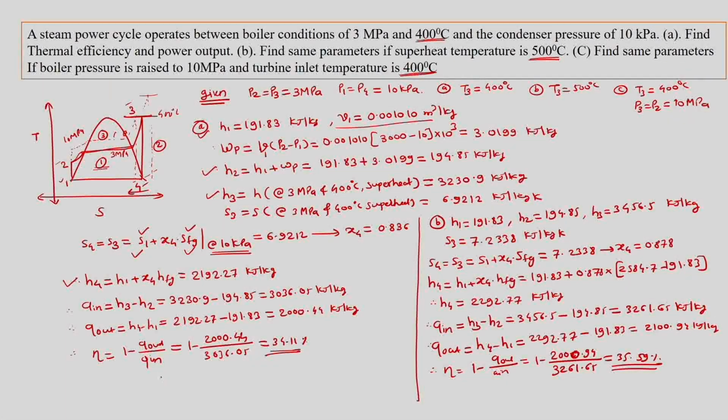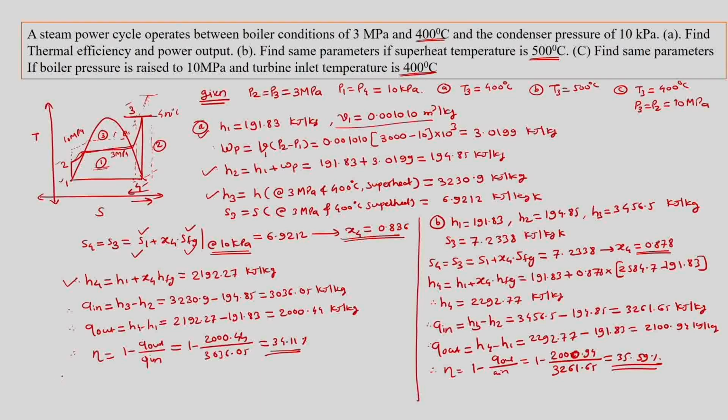In the first case we found X4, and X4 was 0.836. And in the last example, for the same boiler pressure, when we increased the turbine inlet temperature, we should see that the dryness fraction increased. So later we got X4 as 0.878.